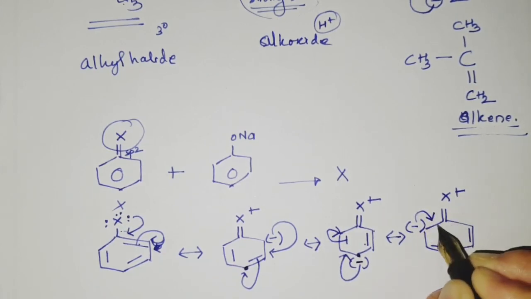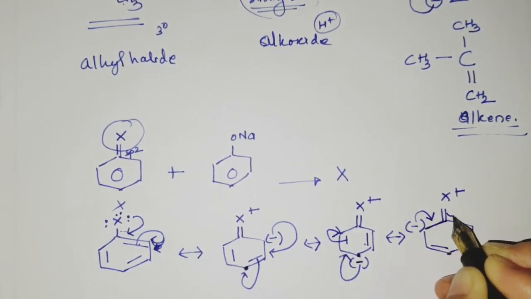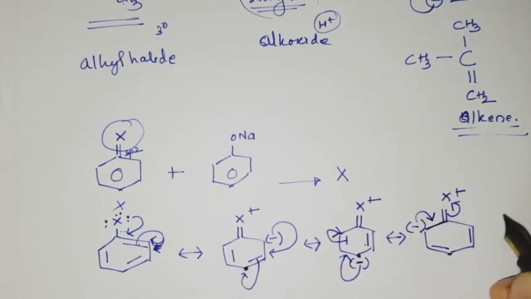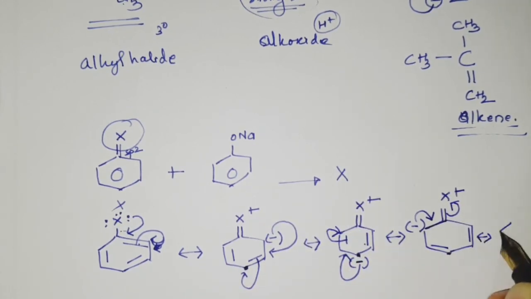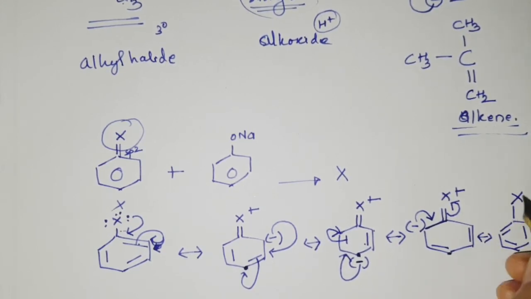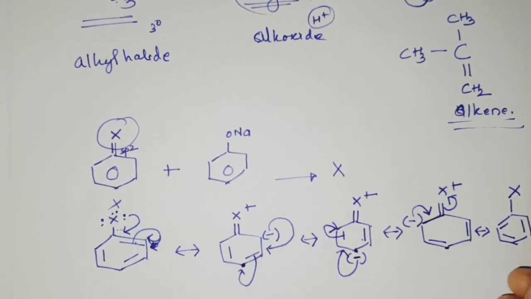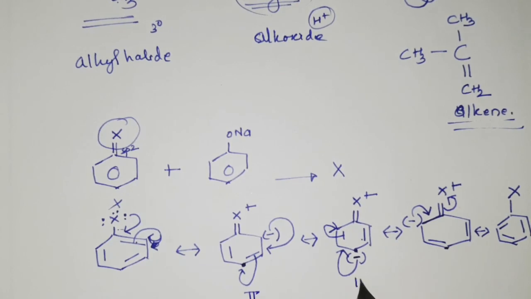Again the halogen pulls the bond toward itself, and you come back to the original structure with X single bond.